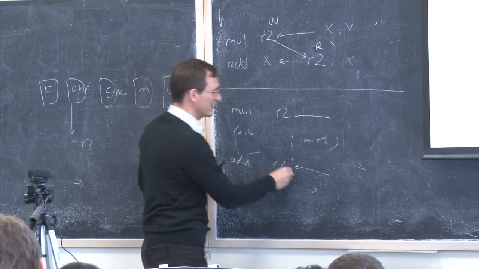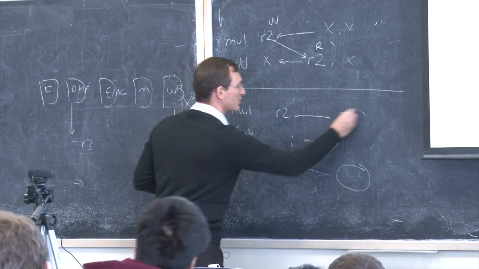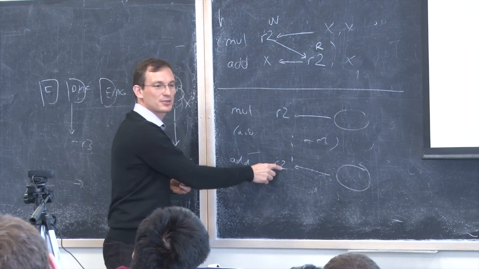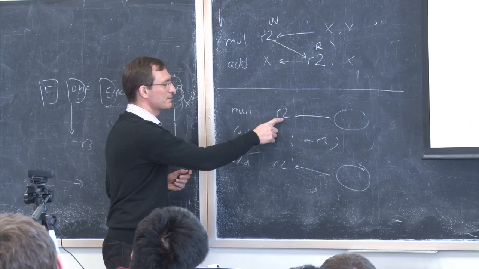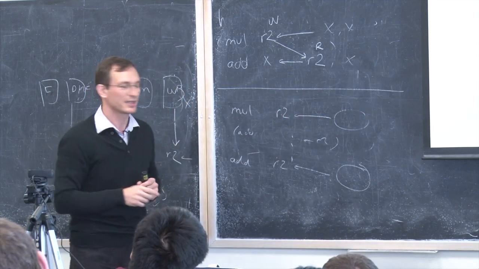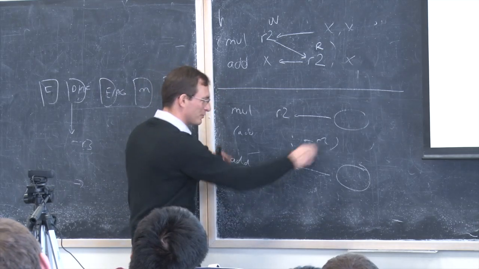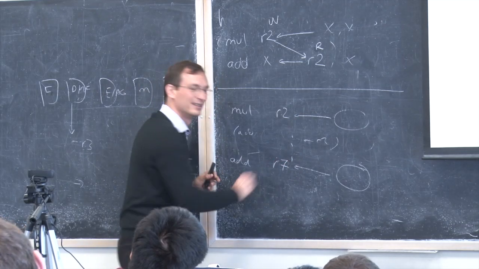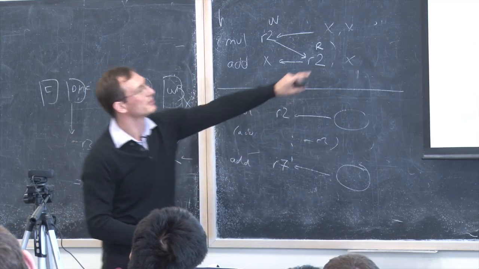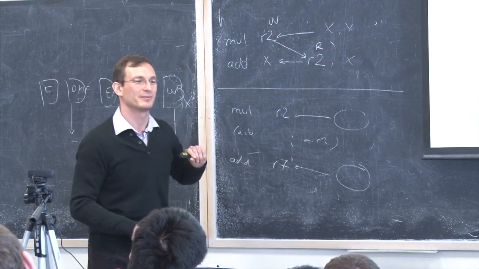Because this multiply is generating some results, and it happens to store its result into R2. Well, this add is generating results, and it happens to store its result into R2. And this multiply is generating a result, and it happens to store its result into R2 also. The compiler could have easily done this, perhaps, assuming that all of the values would be correct. If the compiler had enough registers, it wouldn't run into this output dependence problem, right?